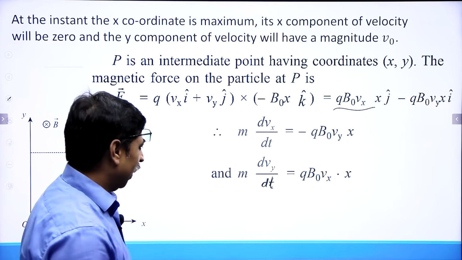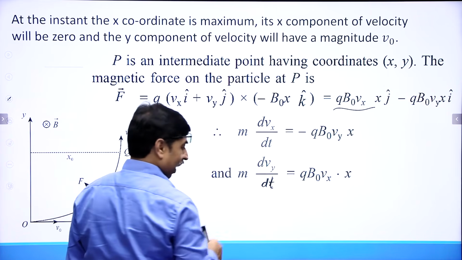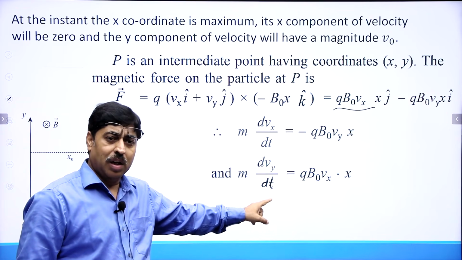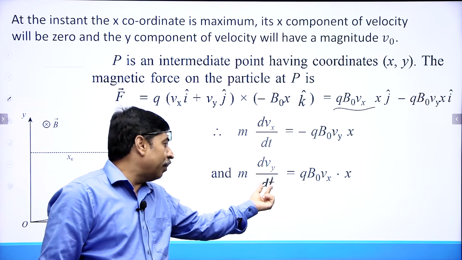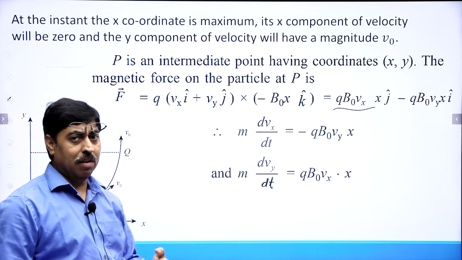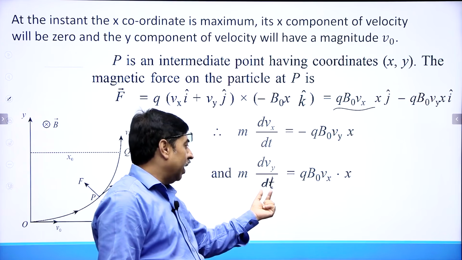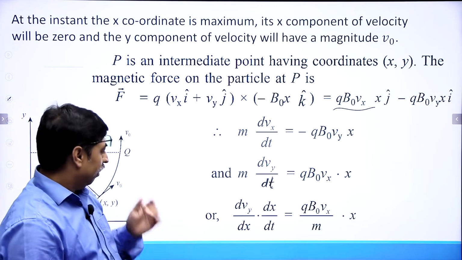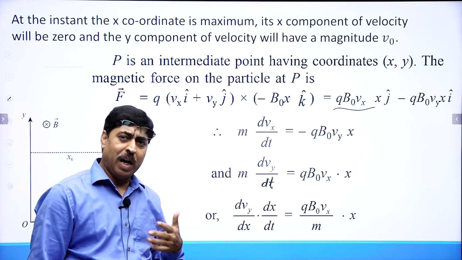What I am going to do is, I do not want time in my equation, right? So, I am going to use the chain rule of differentiation, and I will write it as dvy by dx into dx by dt. If you do that, then you can see a miracle happening.